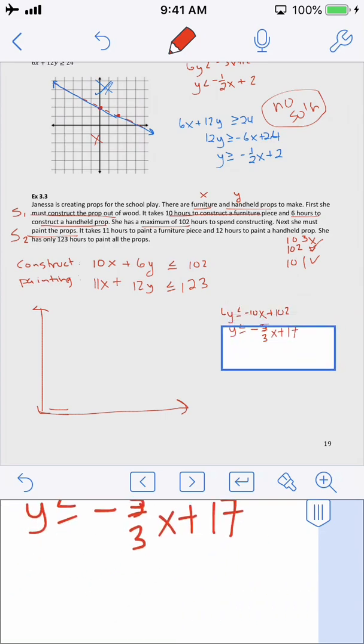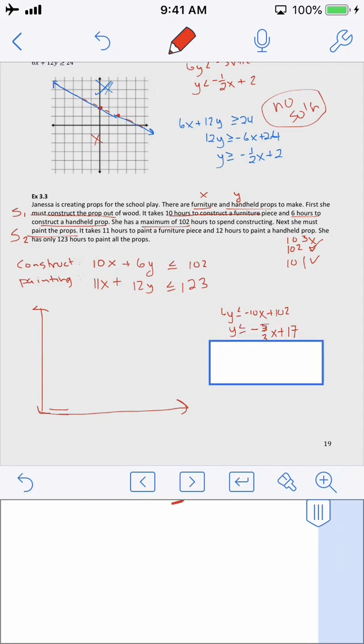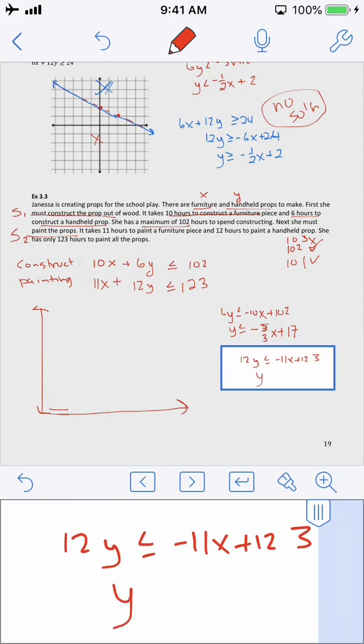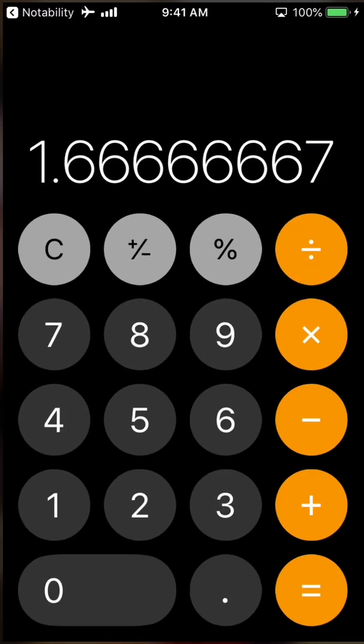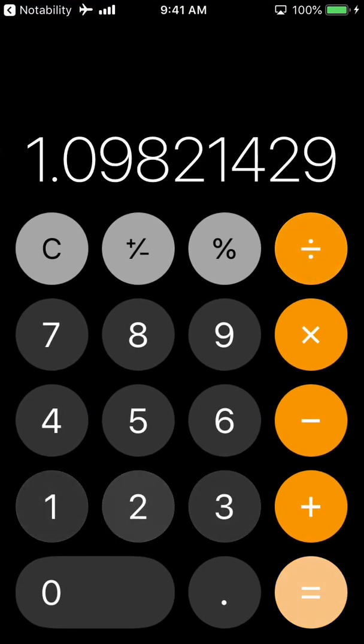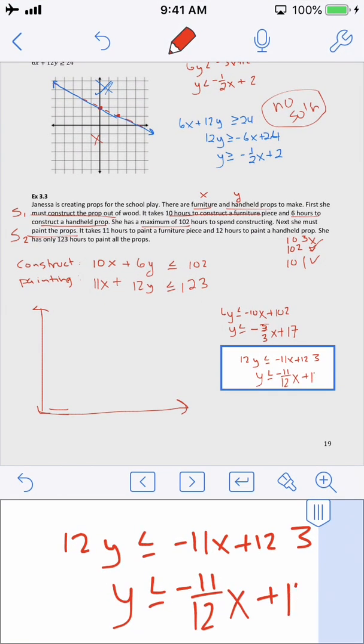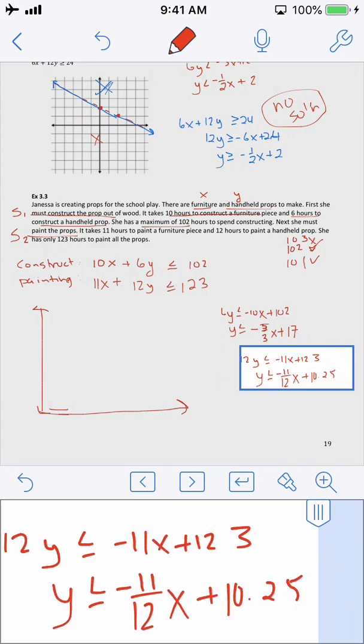And then the other one, 12y less than or equal to negative 11x plus 123, divide by 12. The reason I'm leaving these slopes as fractions is because they are slopes. We want to make sure we can go down 11 and over 12, right? And then 123 divided by 12, we'll just do 10.25. I could make it a fraction, but this one I'm just counting, so it's fine.